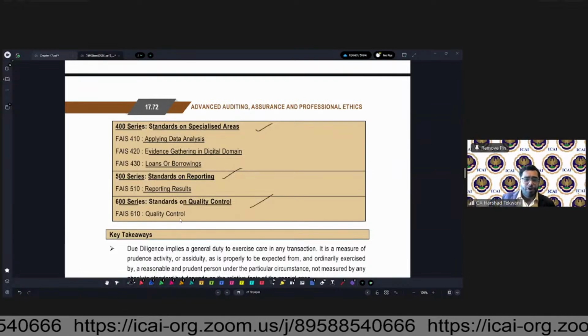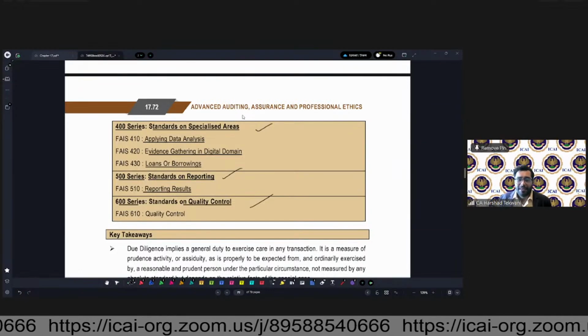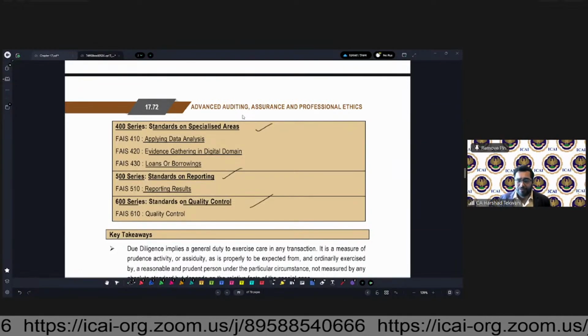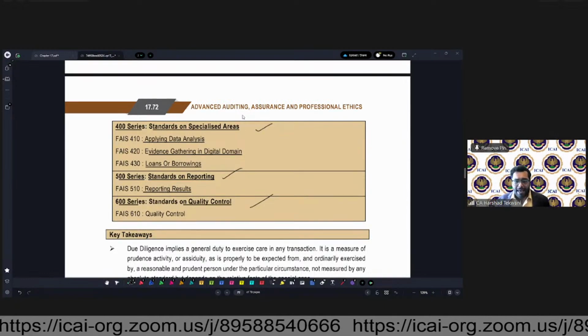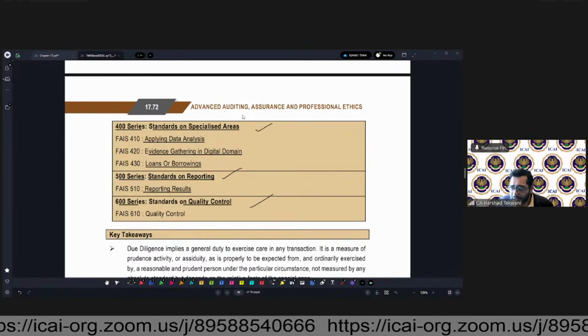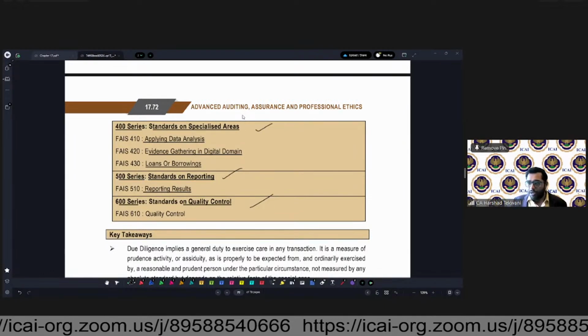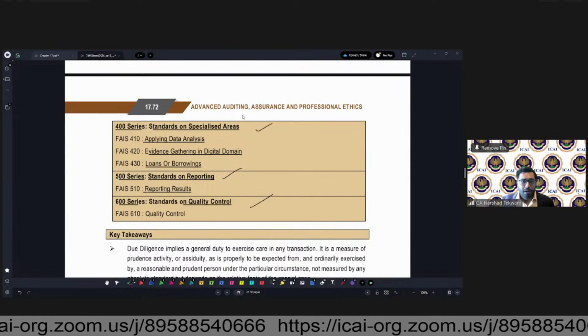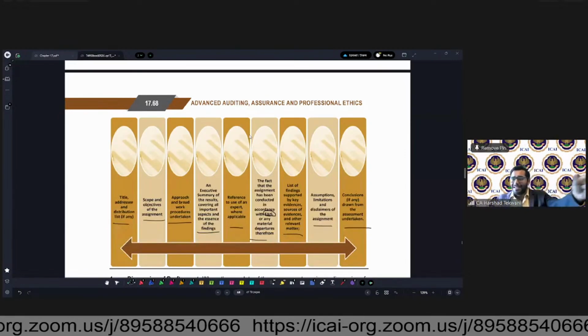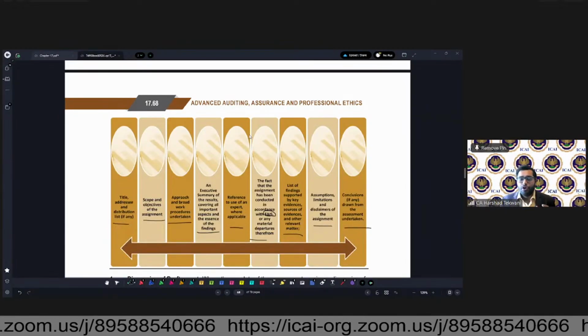Now, when it comes to the reporting part, there are a few things that we need to take care of, as mentioned in the standard 500 series, 510, that is reporting results. It says that there are certain elements that should be present in your report.